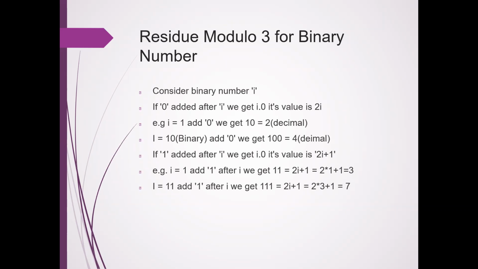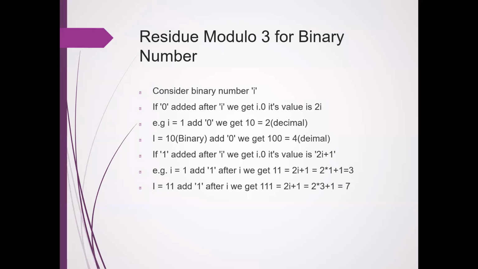When you concatenate 0, what binary number will you get? You are on state 2, so the remainder is 2. The binary equivalent of 2 is 10.